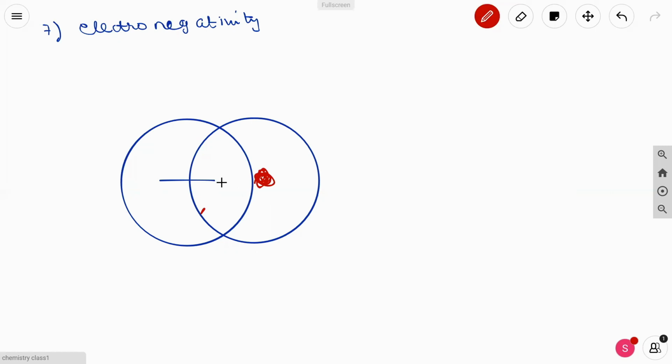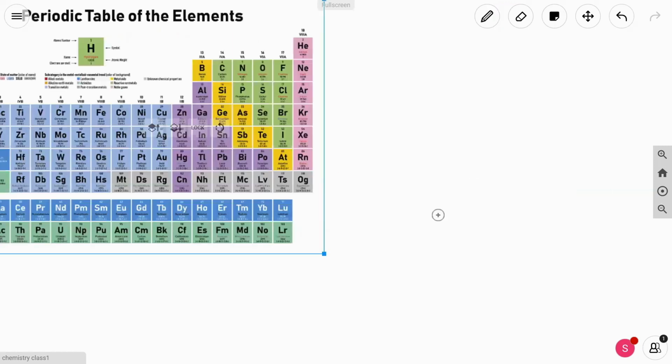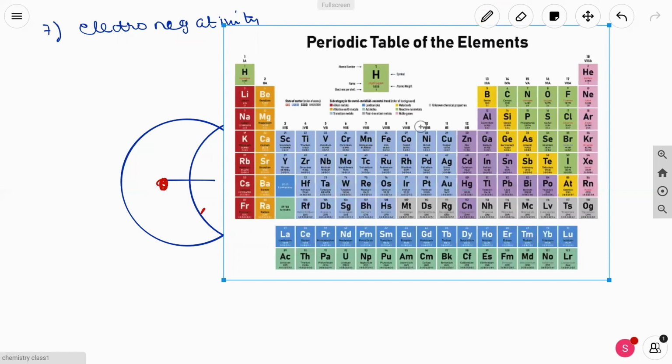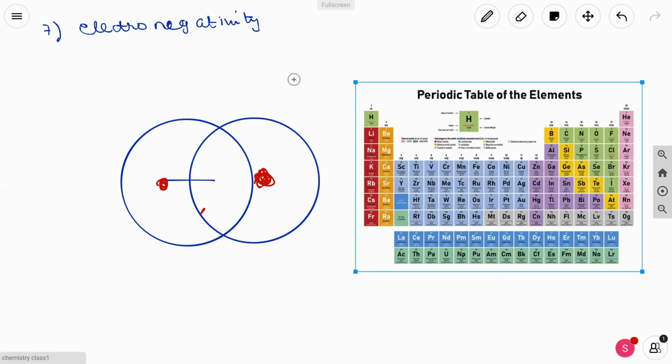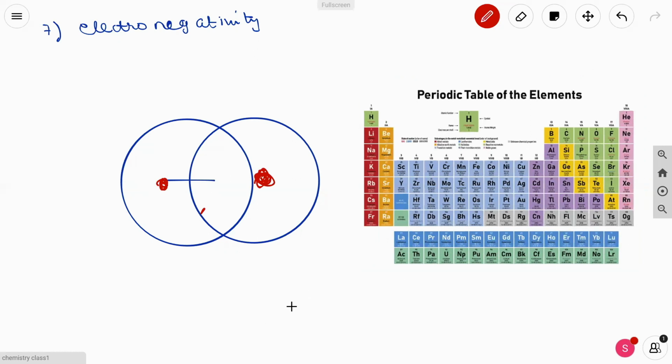Electronegativity depends on basically two things. One is the nuclear charge. As nuclear charge increases, the tendency to pull the electrons towards itself also increases. So across a period, since the nuclear charge increases and the valence shell remains the same, electronegativity increases.